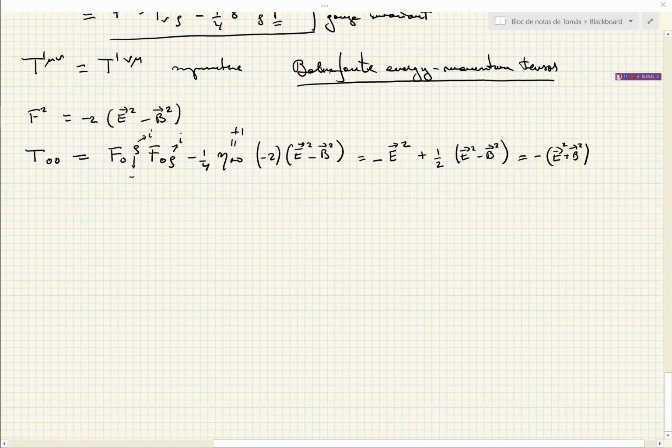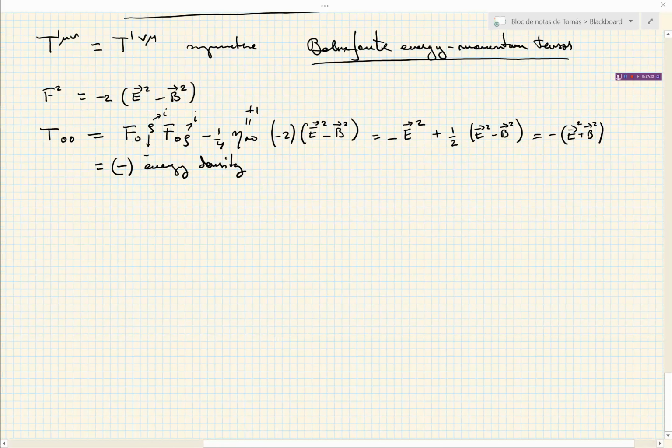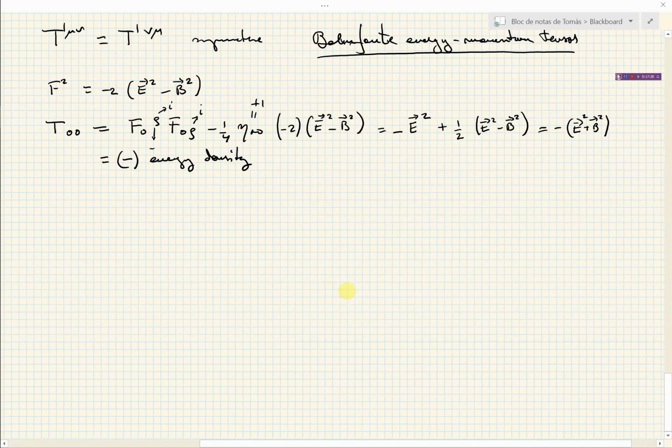Okay, and this is going to be the energy density. So this is equal to minus the energy density of the electromagnetic field. With our conventions, T00, as we said, gives you minus the energy density.